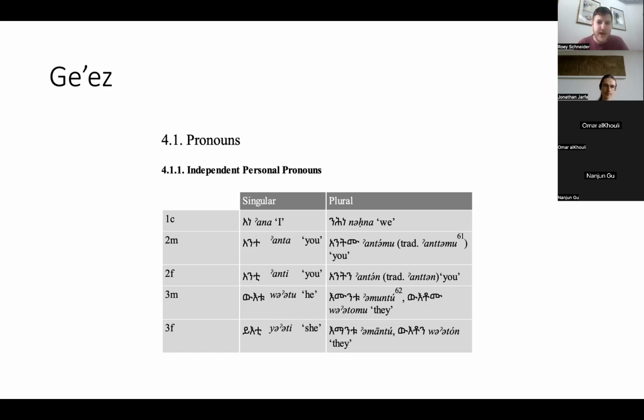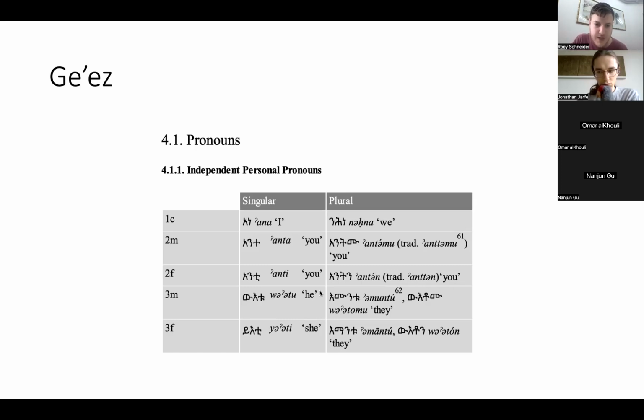So if Akkadian has antum, atumu, atina, Ge'ez did not have to preserve both the different consonant and the different final vowel. So just eliminating one of those final vowels is a little bit more economical. So it's not antenna, just antin.